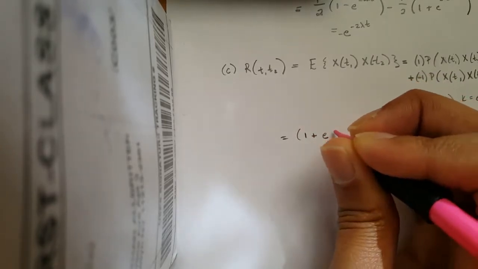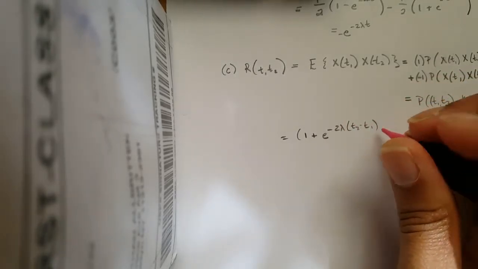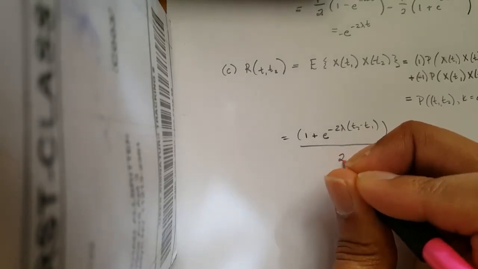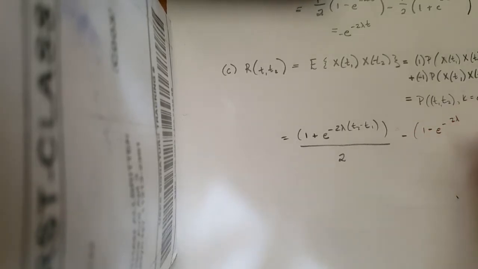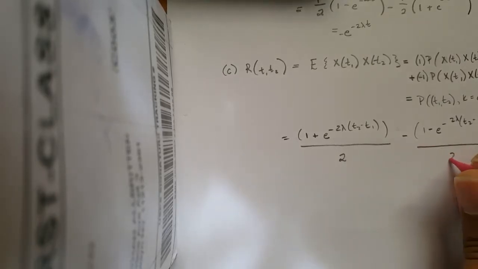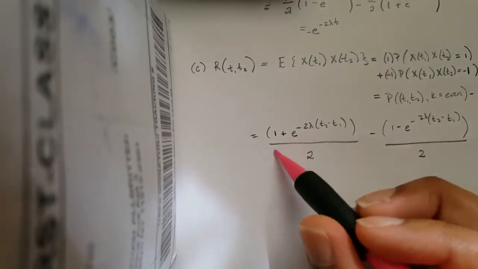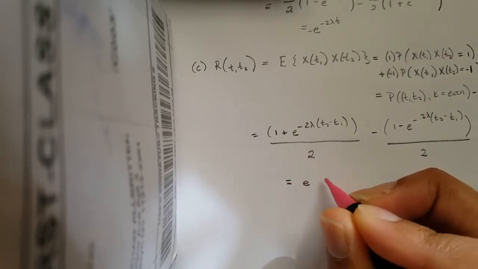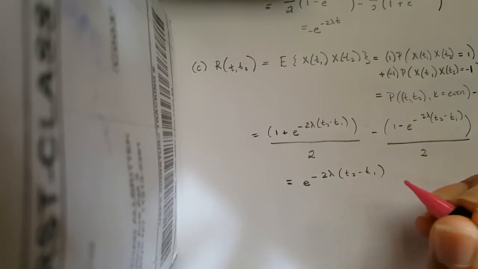And this comes out to be 1 plus e to the negative 2 lambda (t2 minus t1) over 2, minus 1 minus e to the negative 2 lambda (t2 minus t1) over 2, and this is equal to e to the negative 2 lambda (t2 minus t1).